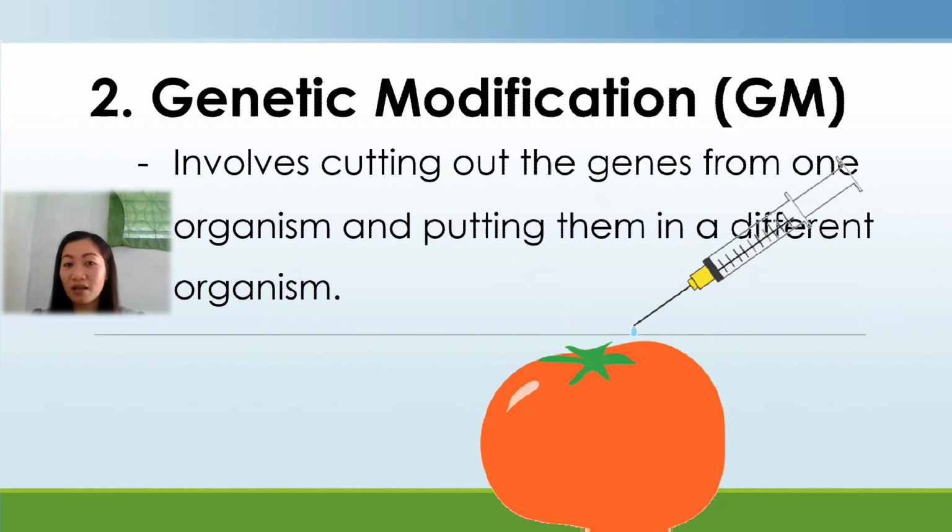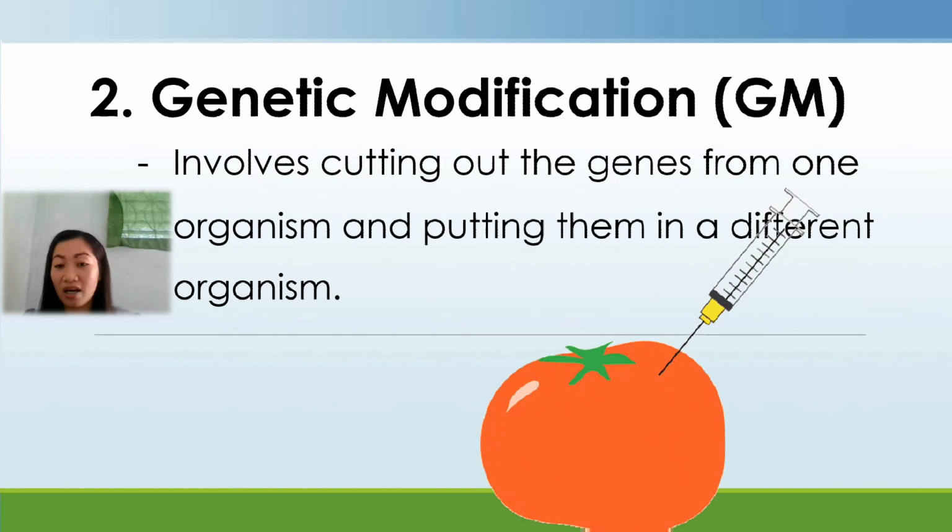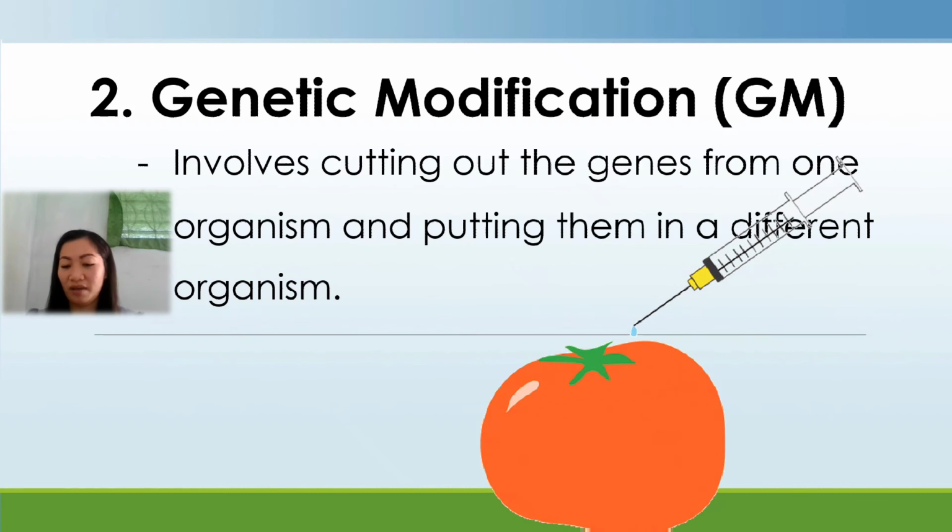So we use GM. It helps produce new organisms with the characteristics we want. We inject or put genes into a plant or an animal to get what we want this plant to be.